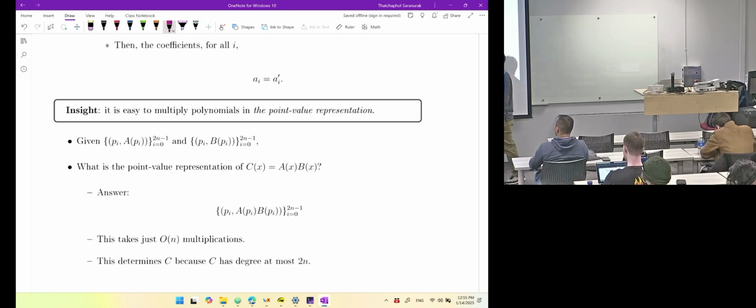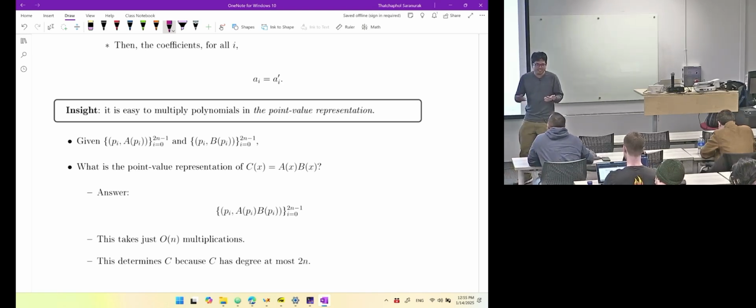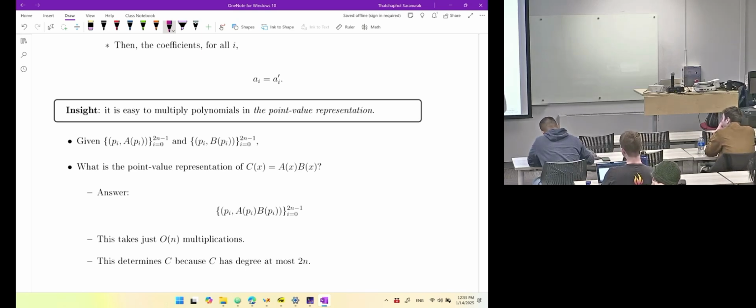Right now, our input is given in terms of coefficients of the polynomial. Suppose the input is actually given as a point value representation of the polynomial, so that I'm given the evaluation of A on points Pi and the evaluation of B on the same points Pi.